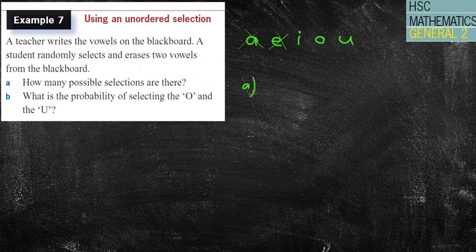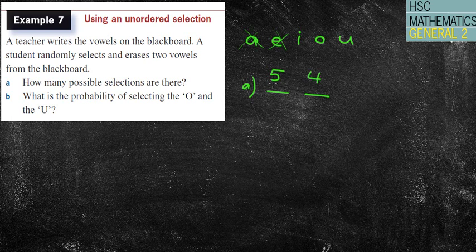So for part A, it says, how many possible selections are there? This means that the student is selecting 2 vowels at random. So how many have I got to choose from the first one? Well, there are 5 vowels to choose from the first time, and I've got 4 vowels to choose from the second time.